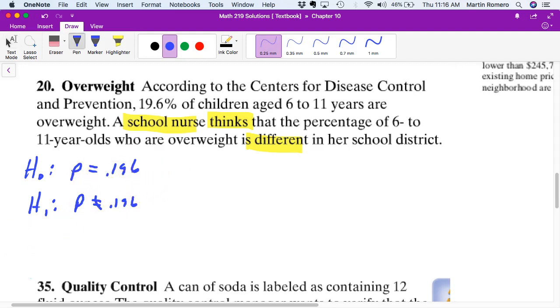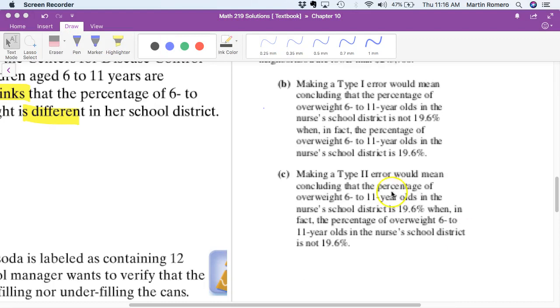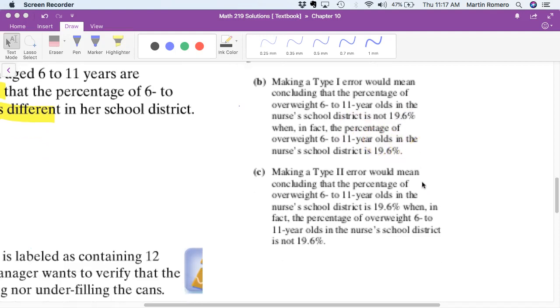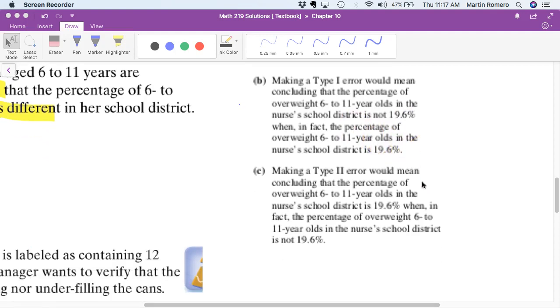And then what are the type 1, type 2 errors for this? A type 1 error in this situation would mean concluding that the percentage of overweight children in the nurse's school district is not 19.6 when in fact the percentage is 19.6. That's a type 1 error. A type 2 error would mean concluding that the percentage of overweight children in the nurse's district is 19.6 when in fact it's not.